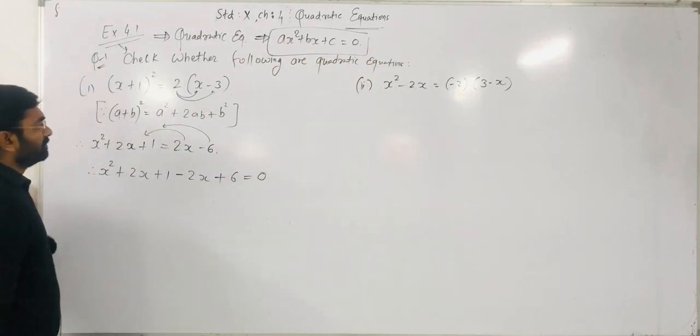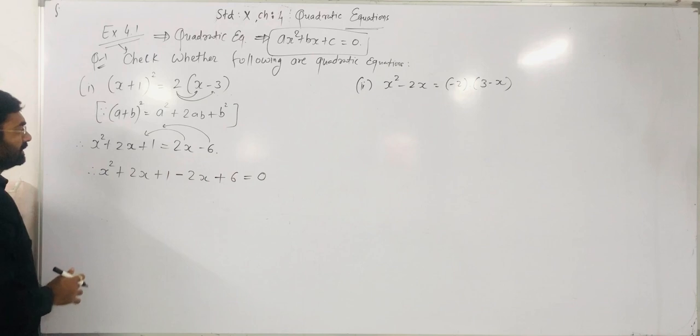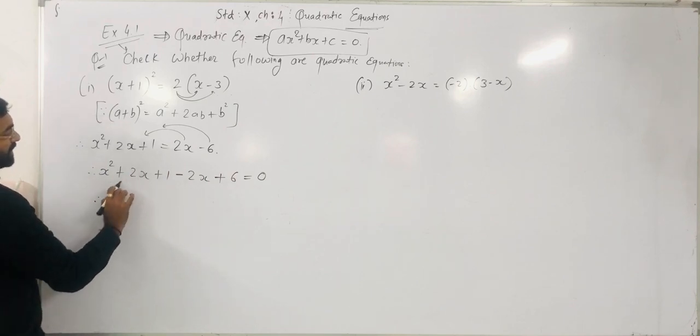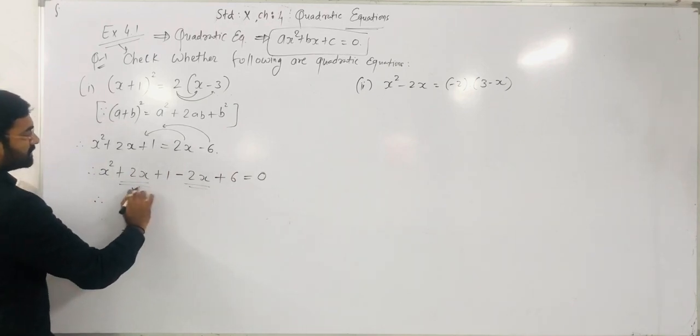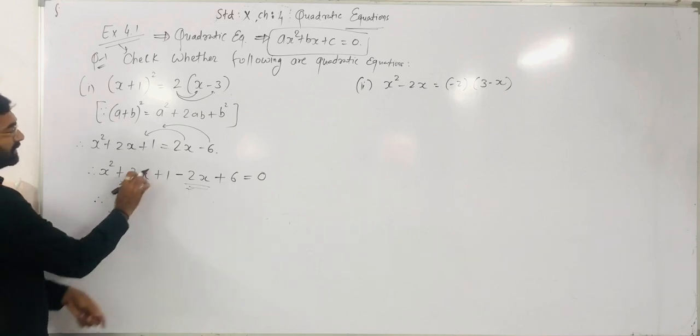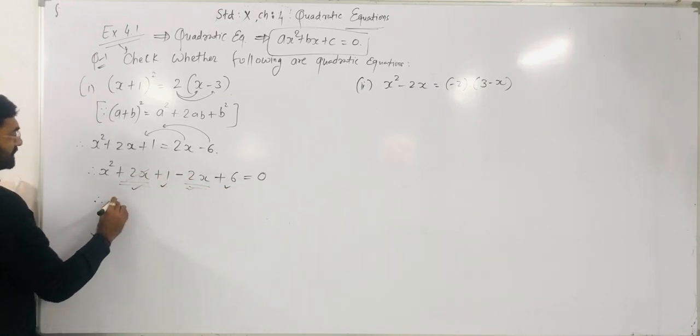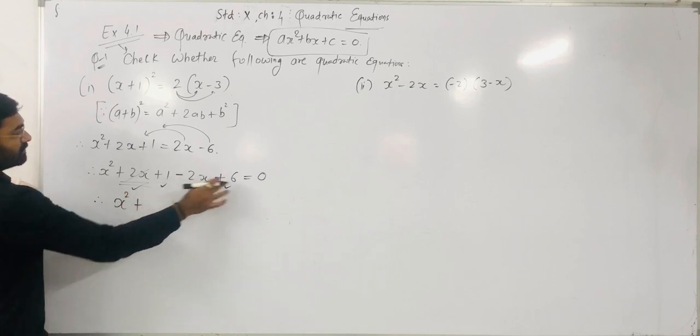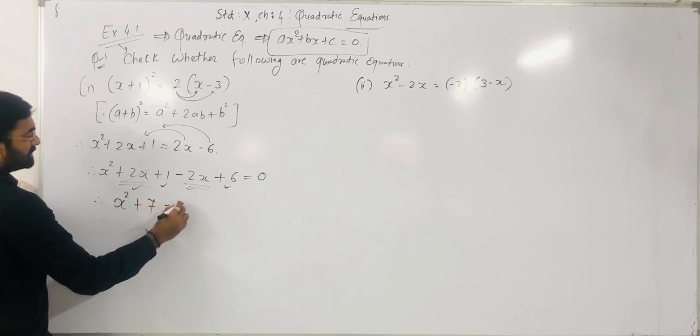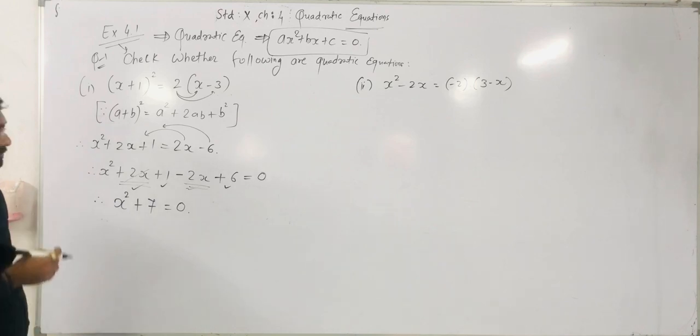So for that form we take all the terms to the left hand side. So here is plus 2x minus 2x, that becomes 0. So those two terms cancel out. Plus 1 plus 6, so we get 7. So x² + 7 = 0.